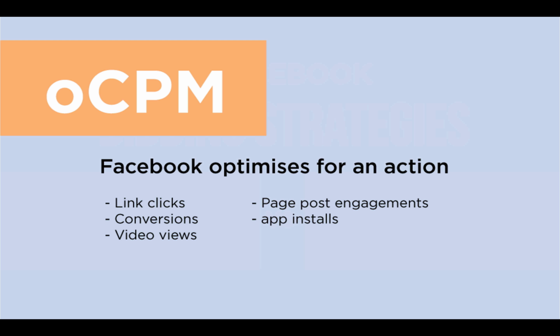Essentially what you're doing here is you're launching your campaign and you're telling Facebook, I want to optimize for a specific action, and using all that rich data that Facebook has to optimize for that action. So again, it's a little bit like that search function that I was just talking about.